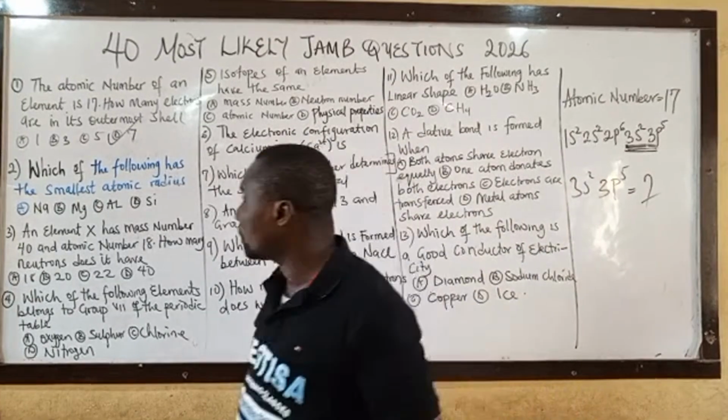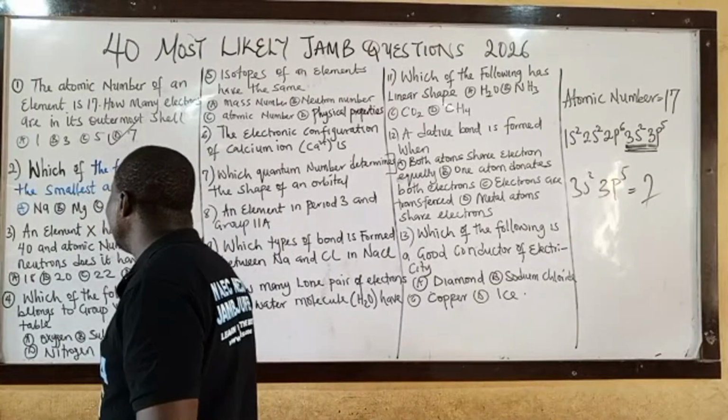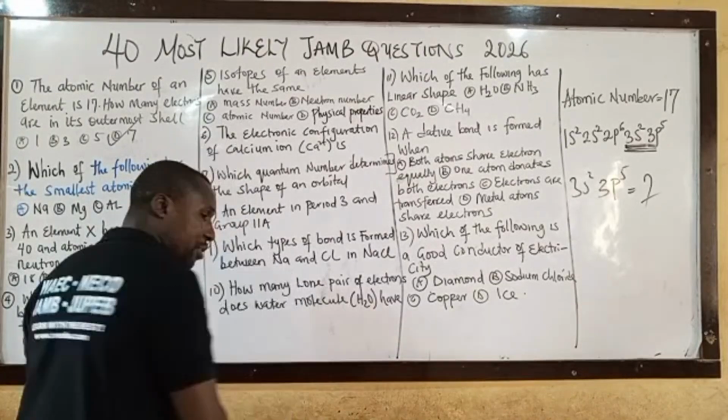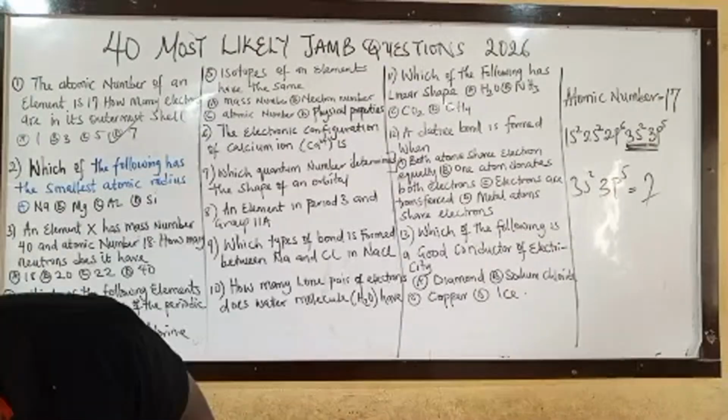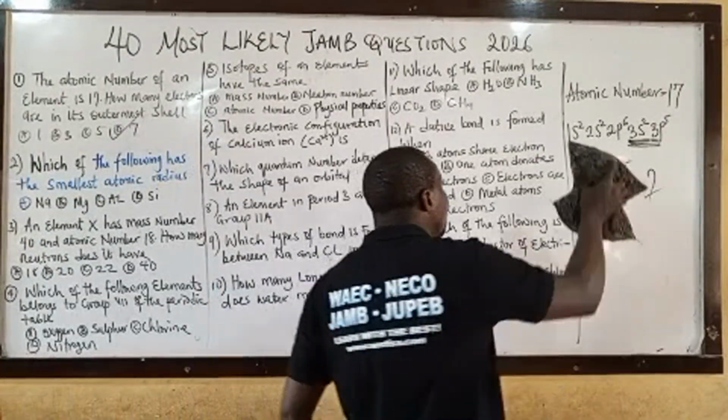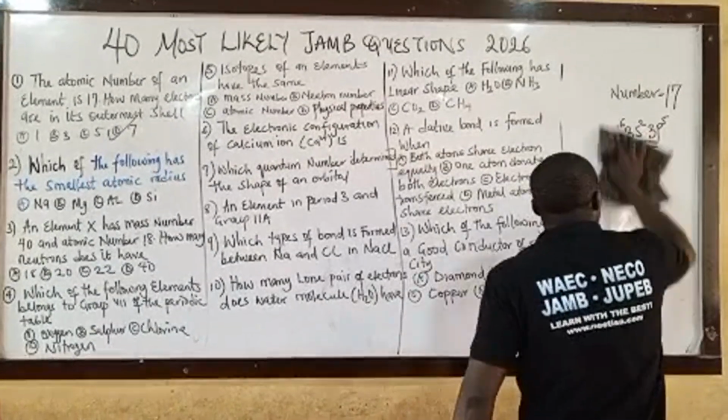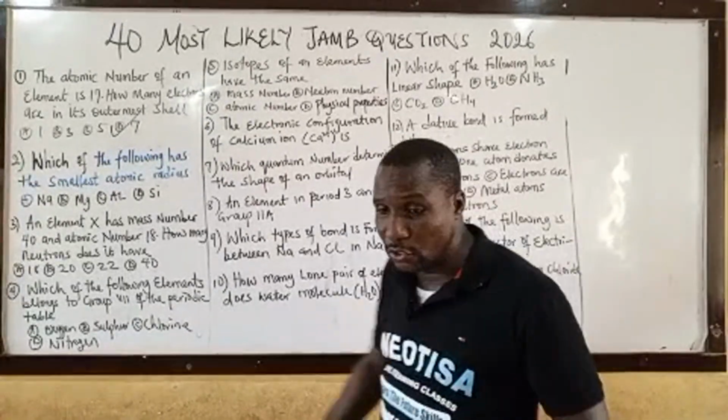Question number 2. Which of the following has the smallest atomic radius? Let me quickly explain this. Atomic radius.